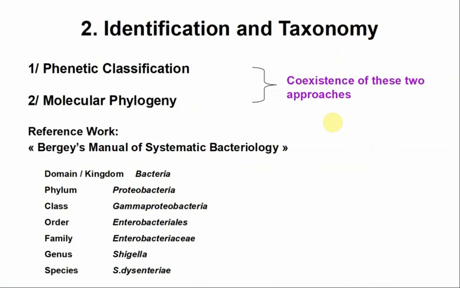Right, so we have about an hour, I suppose, to think about identification and phylogeny and taxonomy for bacteria. Now, thinking about phylogenetics and classification, there's a kind of historical context to this, in that microbiologists started to classify bacteria before molecular biology had been invented.